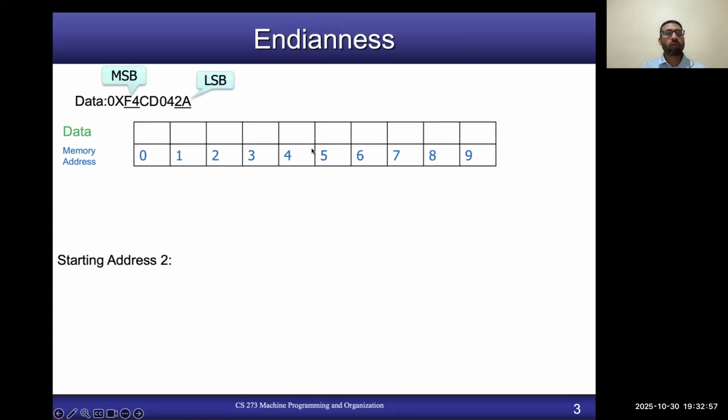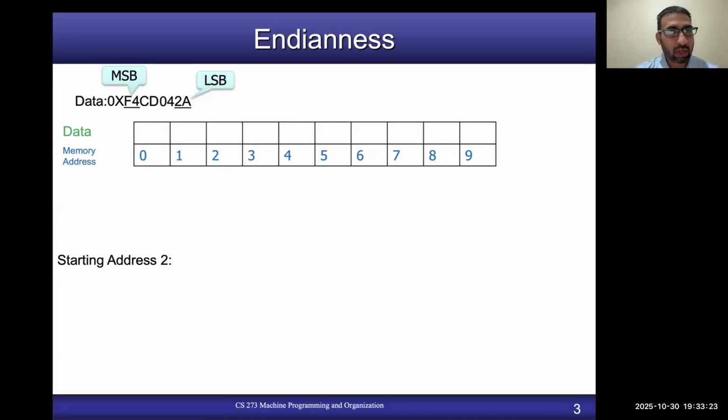What is endianness? Again, let me give you the same example. Suppose you have this data, where 2A is your least significant byte and F4 is your most significant byte. Let's say you have these memory locations, initially empty, with addresses 0 to 9.